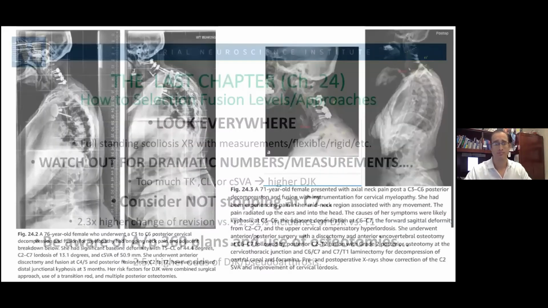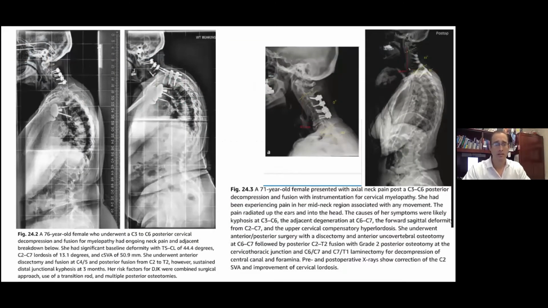And then lastly, just to show you how complex it can be, there's two pictures that they displayed in this last chapter. They're both 70-year-old individuals. They both had cervical 3 to 6 fusions. They both had myelopathy, and they had previous deformity. Of course, the picture as an example on the left had failure, with risk factors for failure being listed as a transition rod or use of multiple posterior osteotomies.